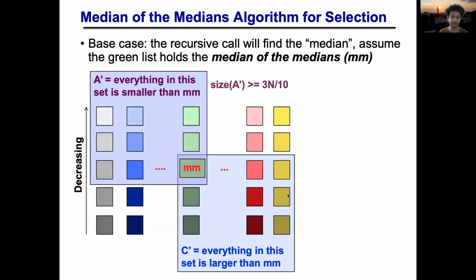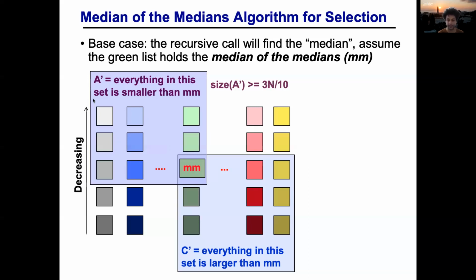And what are the sizes of these boxes? Well, I claim the size of box A prime is at least 3 over 10 of the original list size. And that's also simple to see. Why? Because if I extended this box to include the whole thing, it would be 3 over 5. And since this is at most half of that, it should be at least 3 over 10.